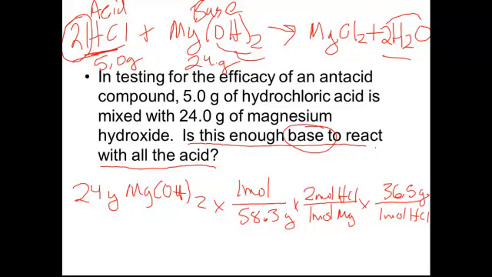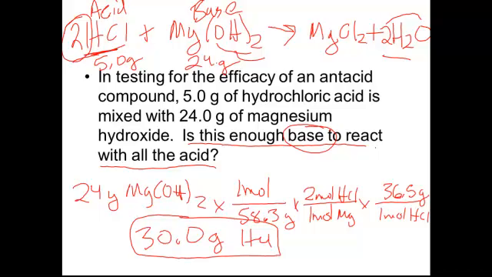So 24 divided by 58.3 times 2 times 36.5 equals almost exactly 30 grams of HCl. So that means that if you have 24 grams of magnesium hydroxide, it will neutralize, or it will react with, up to 30 grams of hydrochloric acid.